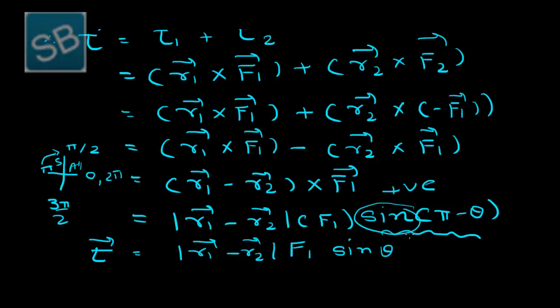So pi minus theta, what we have considered over here, is the angle between R1 minus R2 and theta, and hence I can write down a statement.